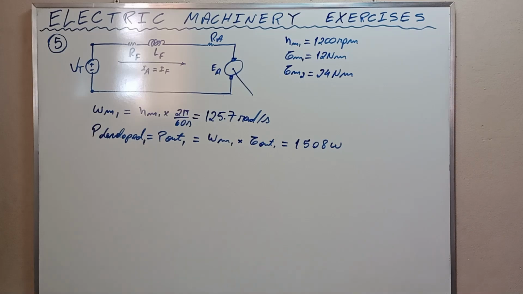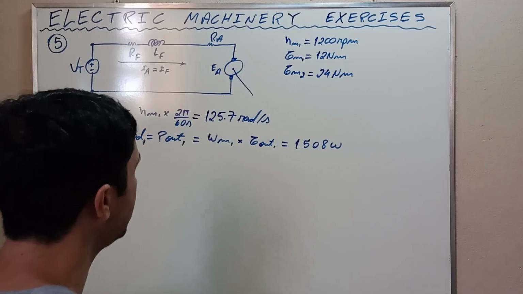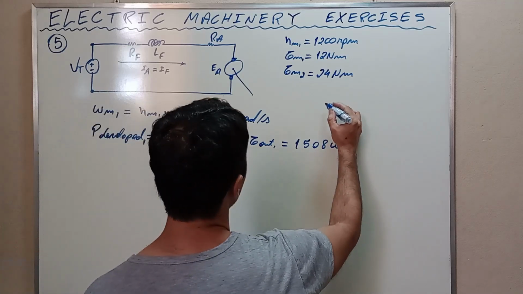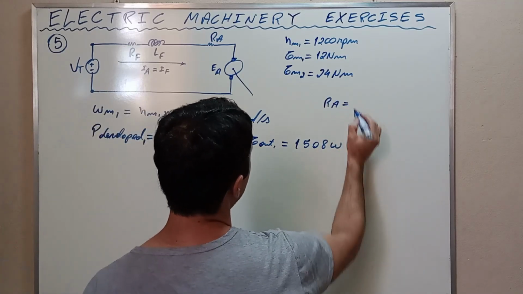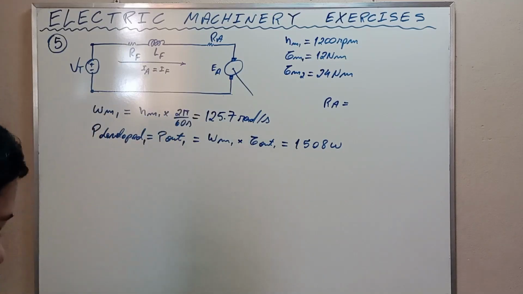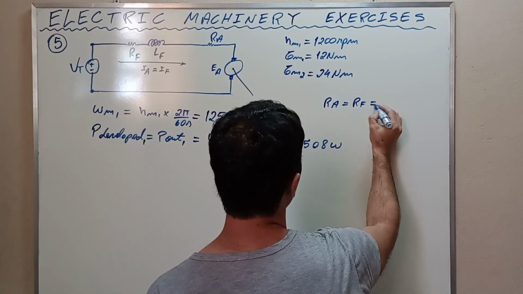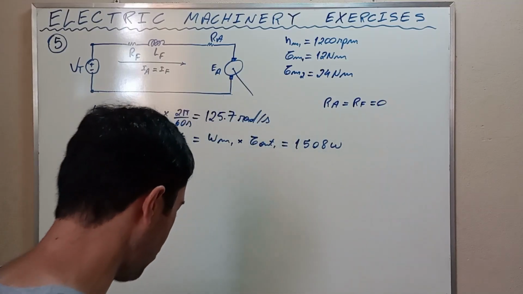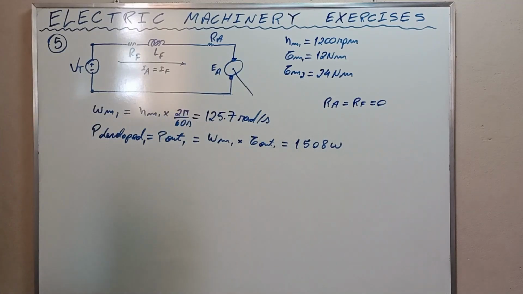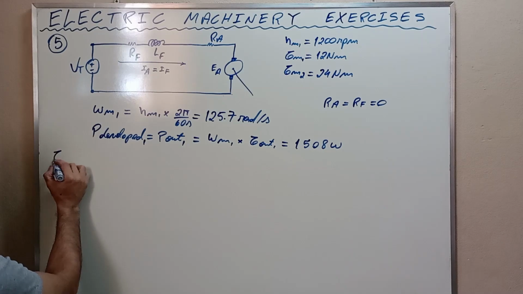Since we are considering that RA and RF are equal to 0, as the exercise requested, the equation for the torque can be simplified. We have an equation for the torque like this.